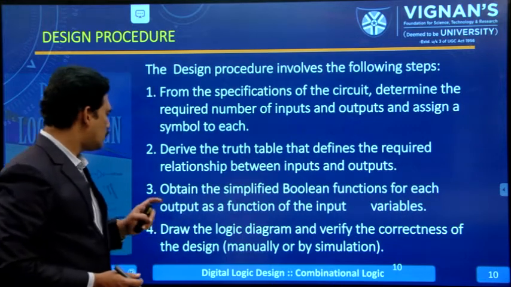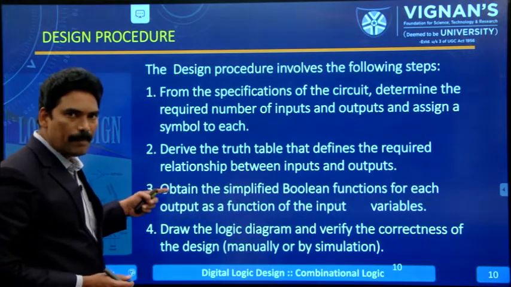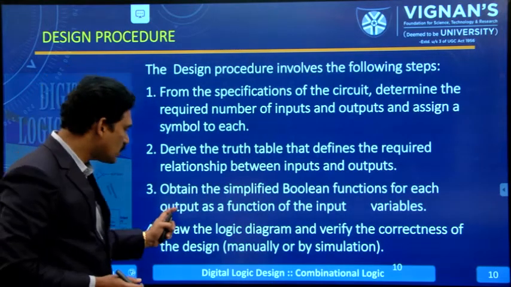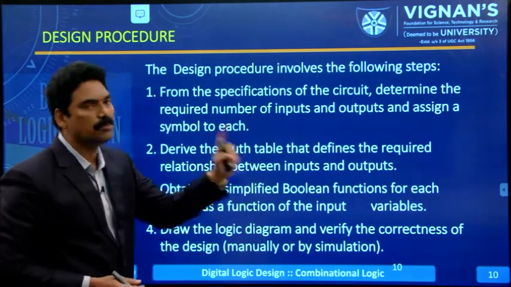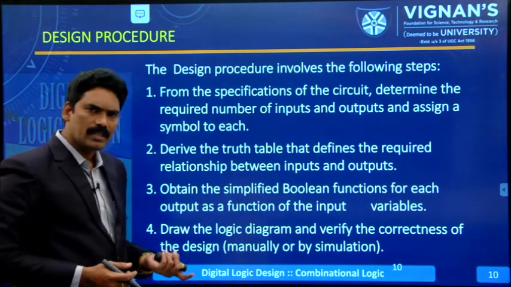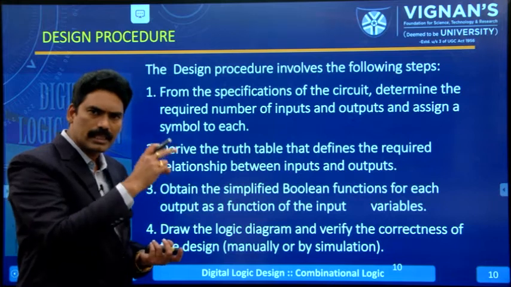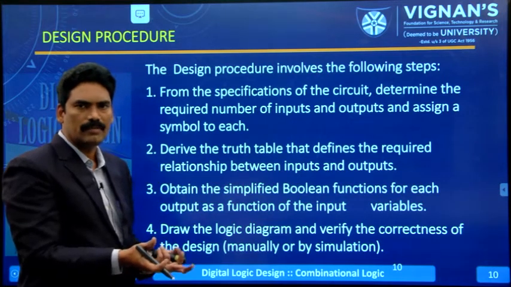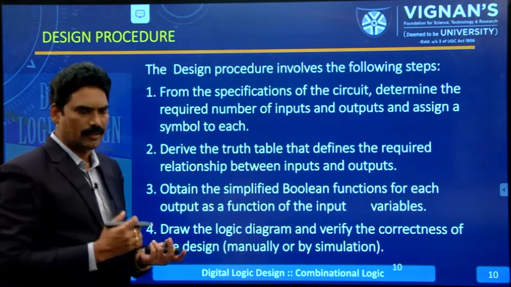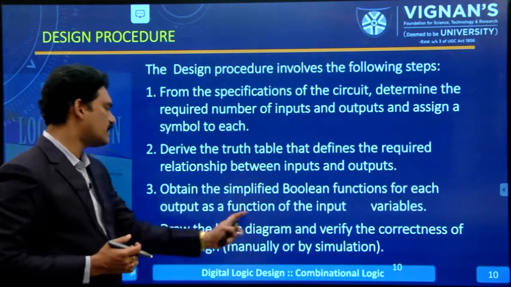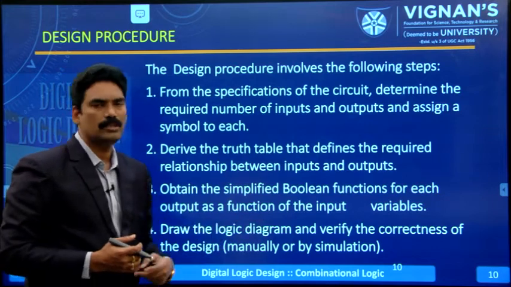Third point: obtain the simplified Boolean functions for each output as a function of the input variables. We have to obtain the simplified expression for sum S, so for S we write an equation and for C we write an equation. Then draw the logic diagram and verify the correctness of the design manually or by simulation.